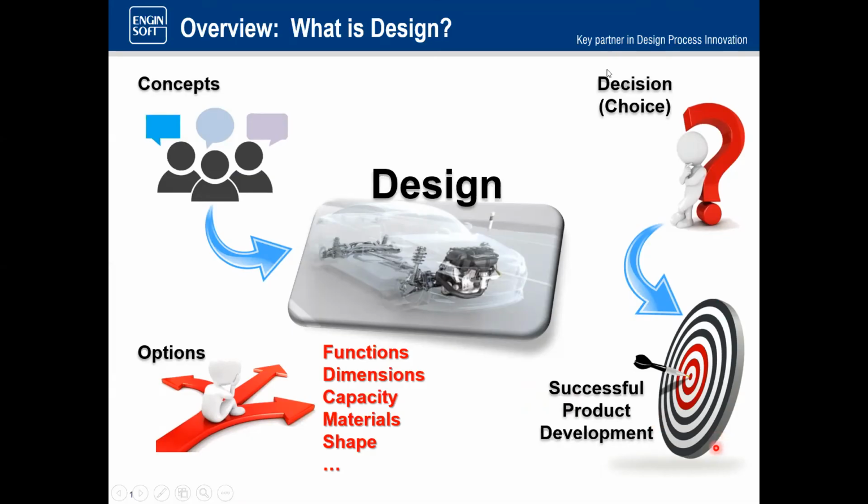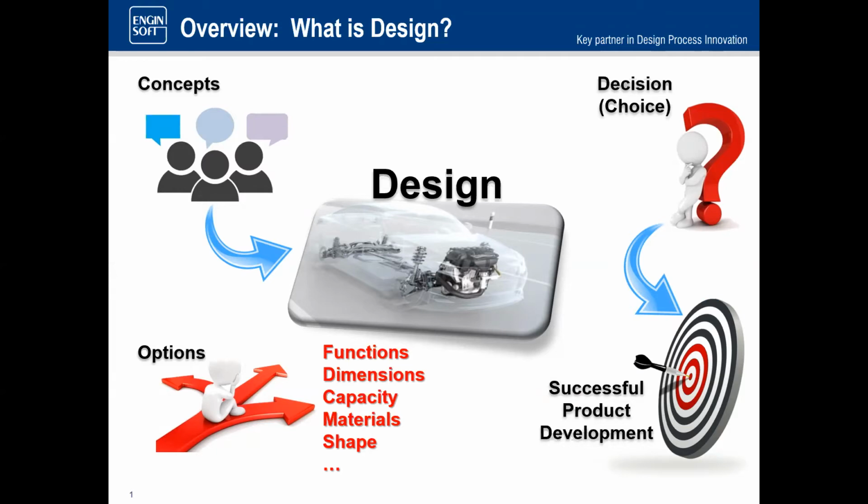So first of all, before we get into optimization, let's talk about design a little bit, since frequently we do refer to design optimization. In the design process, we have to look at various concepts, but when it comes right down to the main function of design, it's all about making choices.